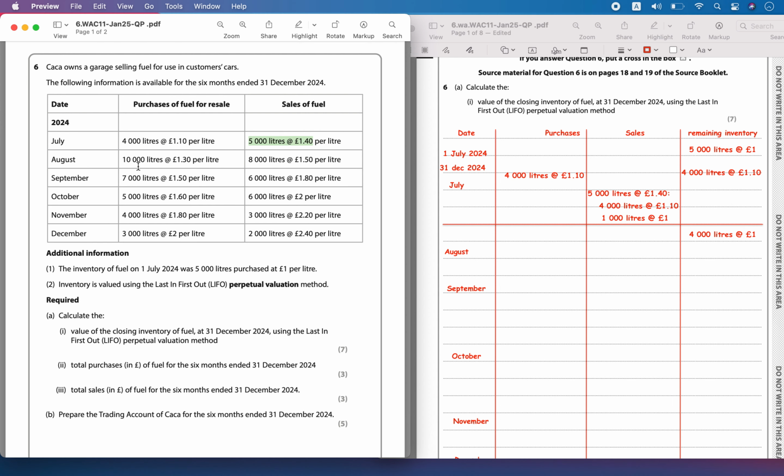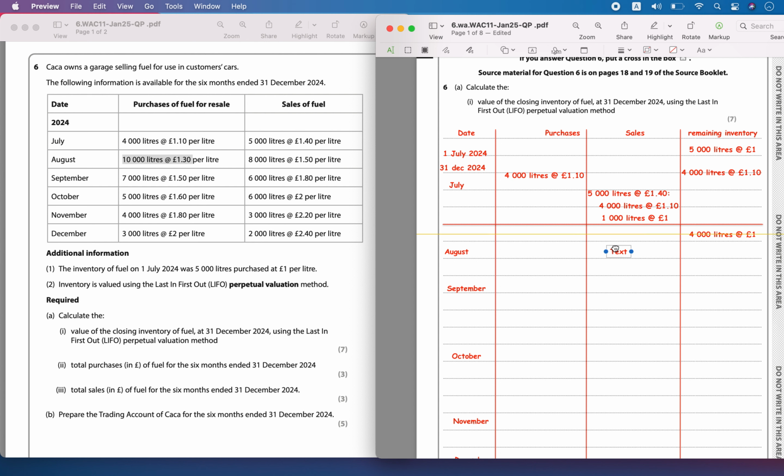And then in August again 10,000 at £1.30 was purchased. So let's write that. And this is going to enter at the last.